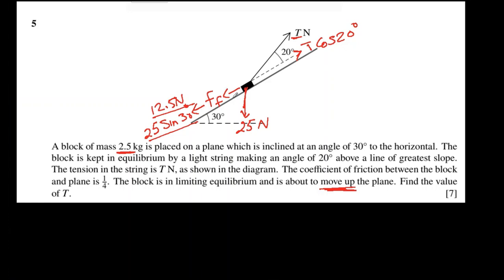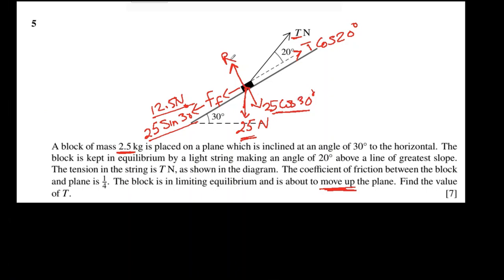Because there is friction here, we must know the reaction force upwards. Usually, this reaction force is equal to the force downwards, which is the y component of the weight, 25 cos 30 degrees. Not this 20, okay?